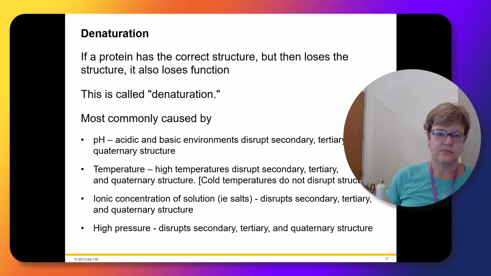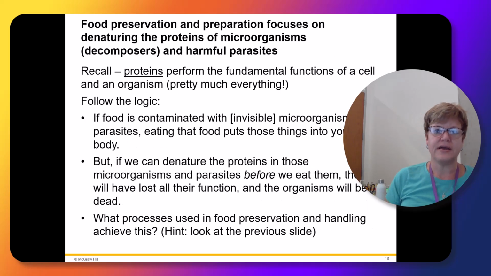So that is why we use high temperature cooking, but you can also use acid. When you eat pickles, for example, anything pickled, the acid of the pickling will kill any microorganisms that might be there. So it's good for storing food, which is what I have on the next slide.